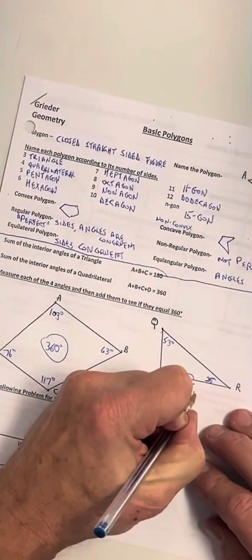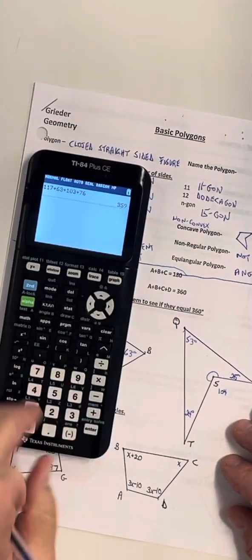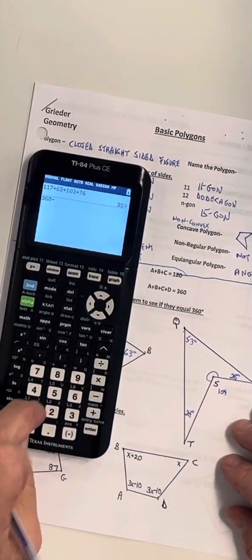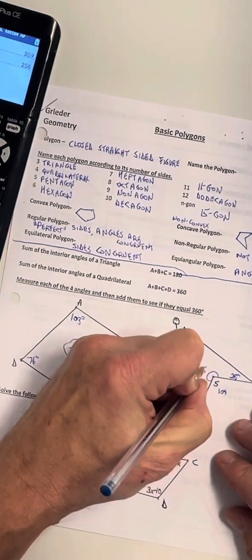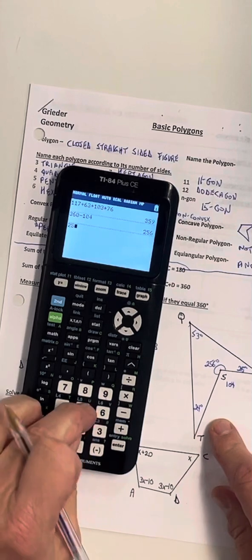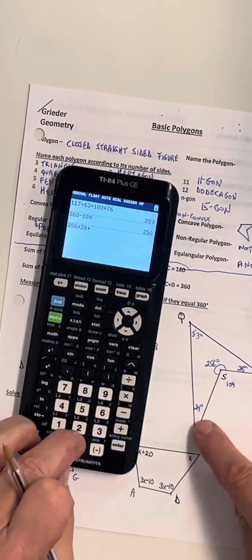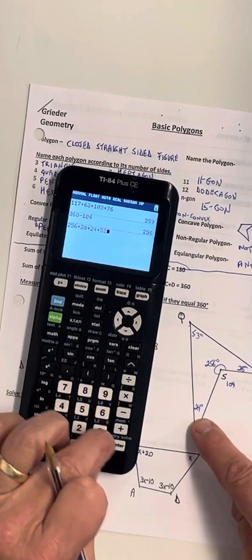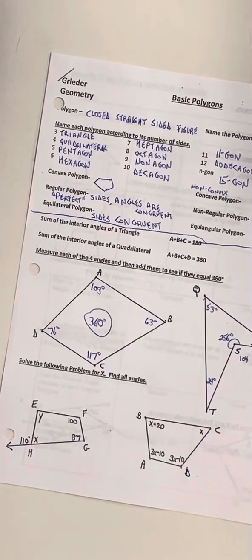So if this is 104, then the inside angle should be 360 minus 104, about 256. Now if I add them all up, 256 plus 28 plus 24 plus 53 is 361. So again, I'm right there within 1 or 2 degrees, which means that's perfect.